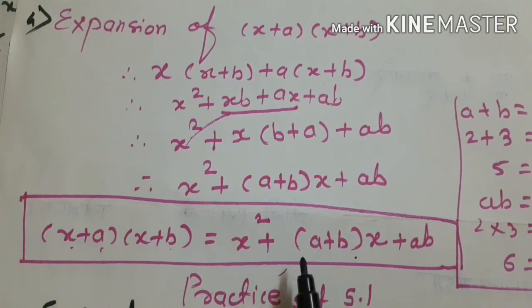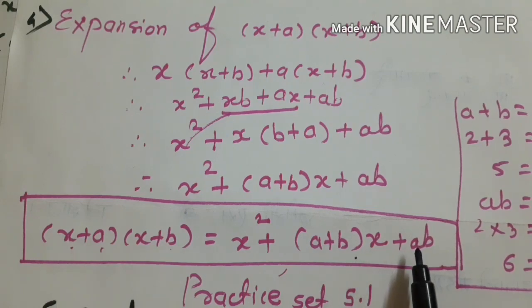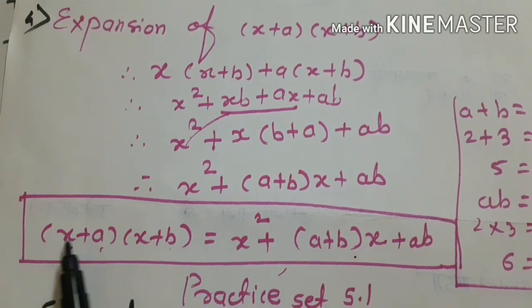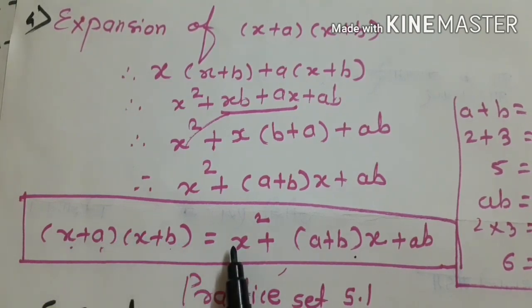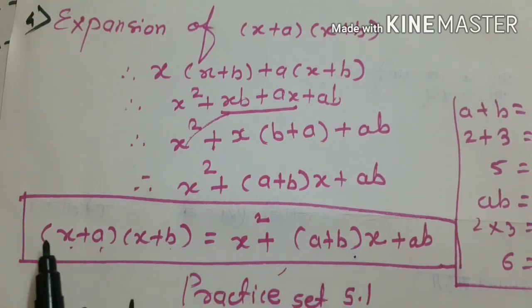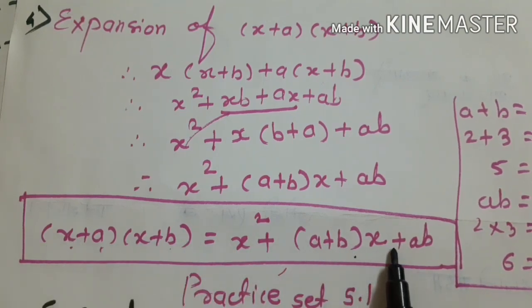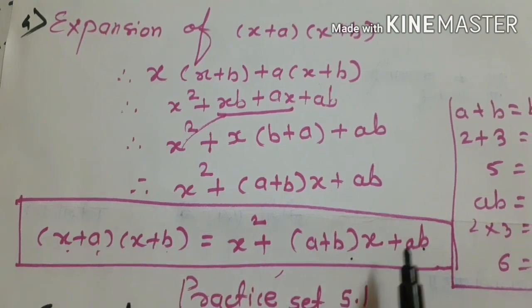We have to remember it like that: x square plus a plus b into x plus ab, or square of first term, this is first term x, square of first term plus addition of second terms into first term plus product of second terms, ab.